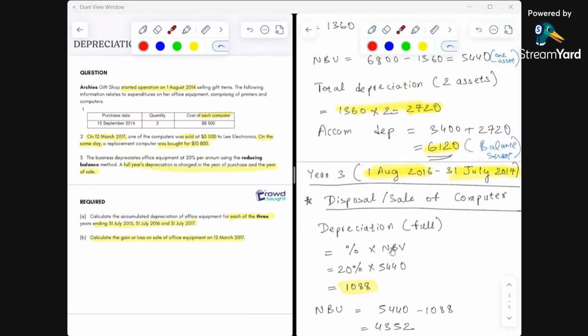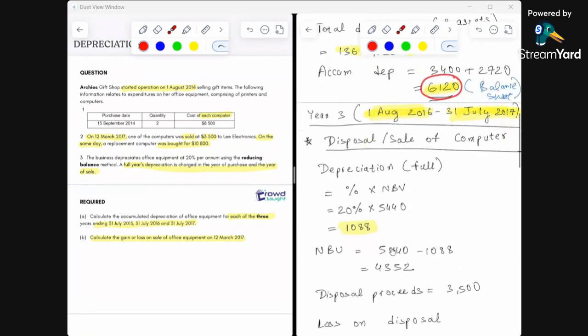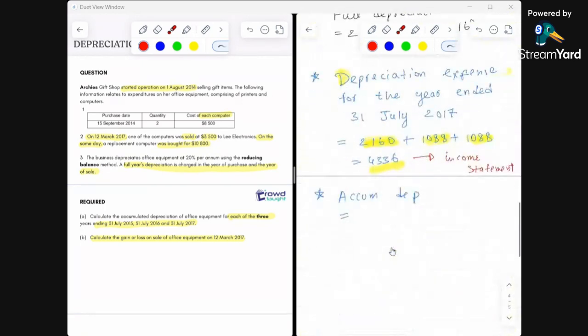It's 6,120 if you recall at the end of year 2. All right. So 6,120 plus an additional 4,336. Which is the depreciation that we calculated for this specific financial year of 31 July 2017. So altogether, the accumulated depreciation will come out to be 6,120 plus 4,336.